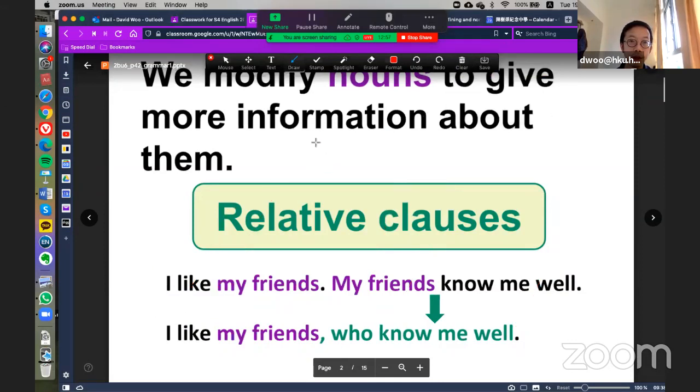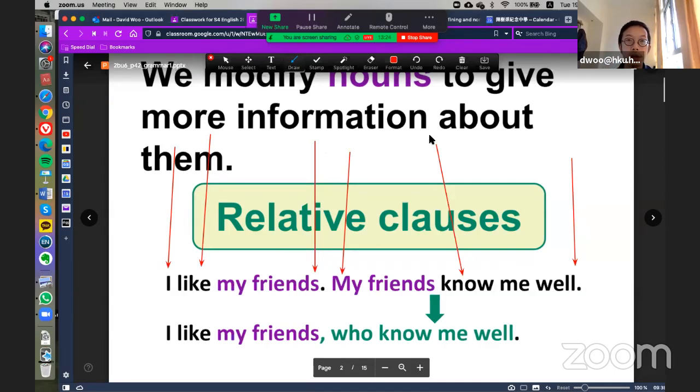In contrast, you see 2 sentences here. I like my friends. Know me well. So you see 1 subject, 1 verb, 1 capital letter, 1 full stop, a sentence, and a clause. And here you see capital letter, subject, verb, full stop, a sentence, and a clause.